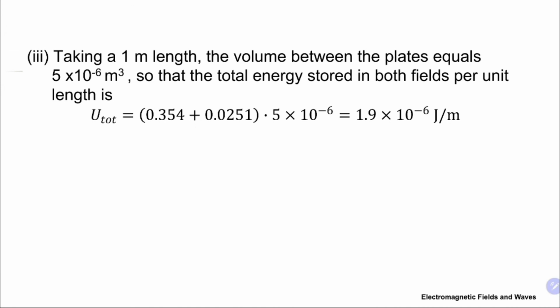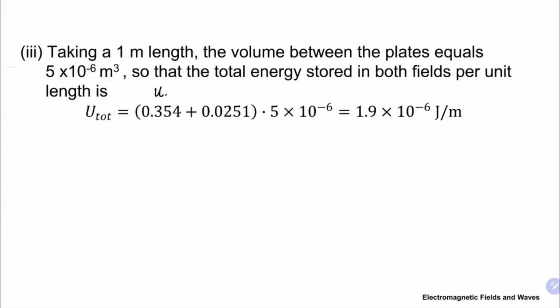So taking a 1 meter length of the transmission line, the volume of the plate equals 5 times 10 to the minus 6 meter cube. So the total stored energy in both fields per unit length will be the sum of the two: this is my UE, this is my UM, times the volume.